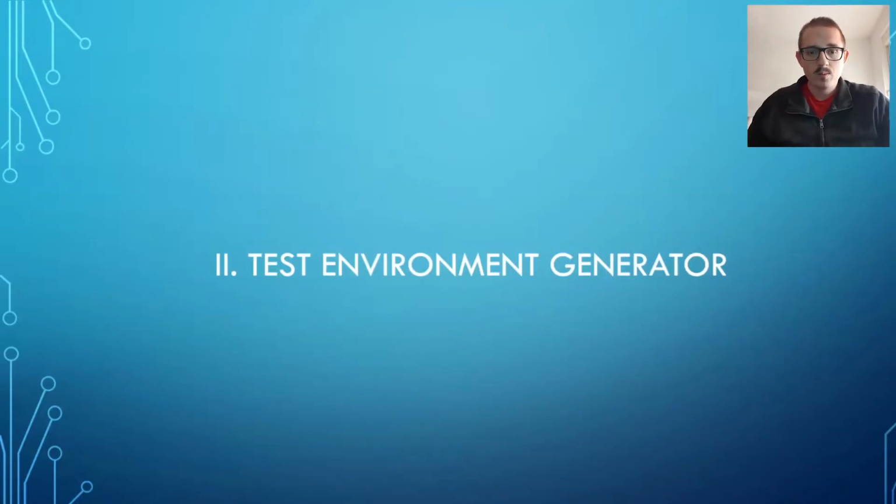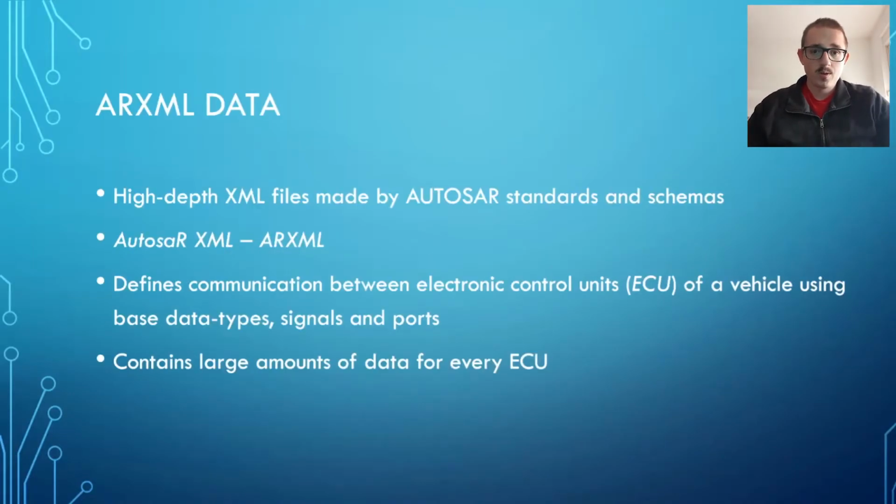Now moving on to the topic of this assignment, the test environment generator. This is a specific existing solution. To understand it, we need to understand that this code generator receives ARXML data, variables, and data types, which it then connects into signals.